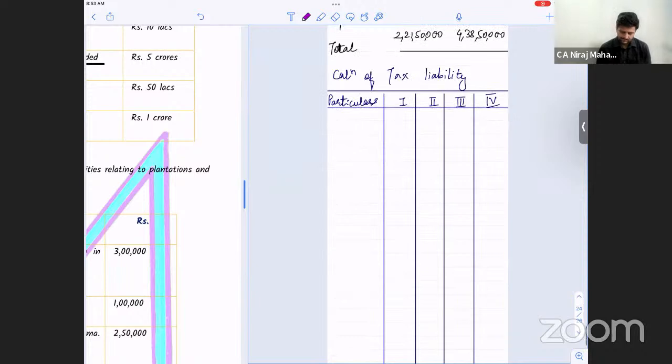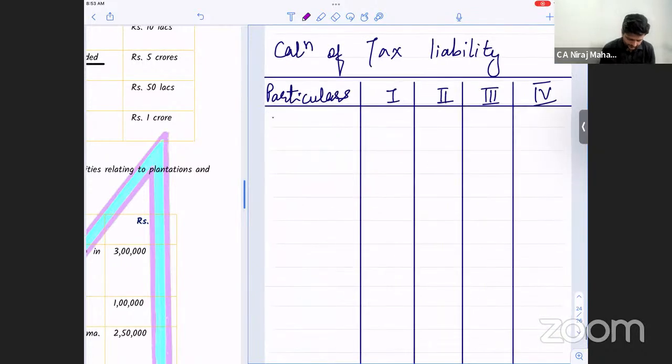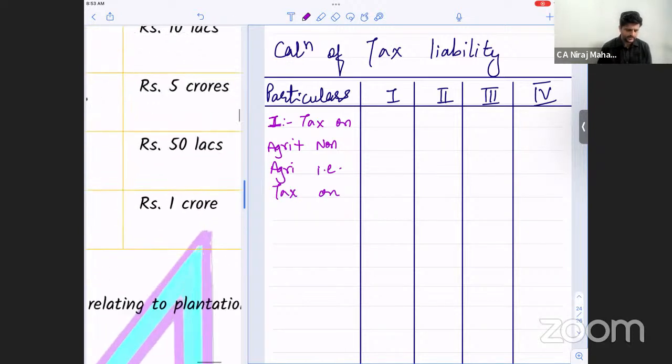Chalo. First one, step 1. Tax on agri plus non-agri. Can I see these figures actually?